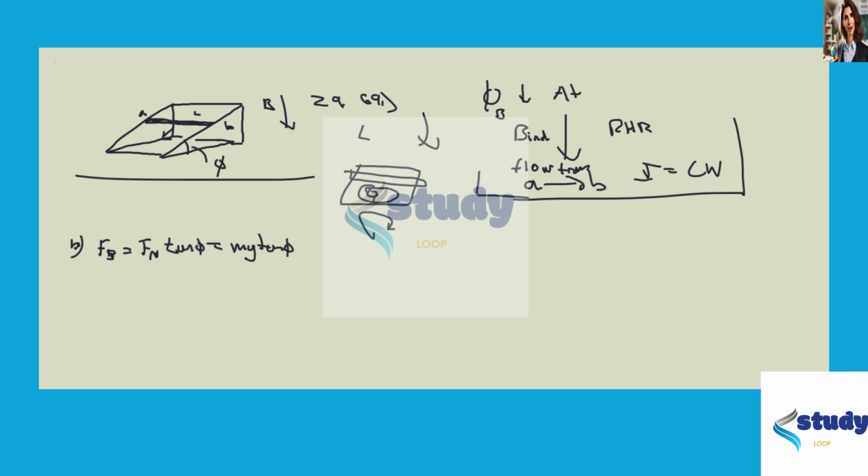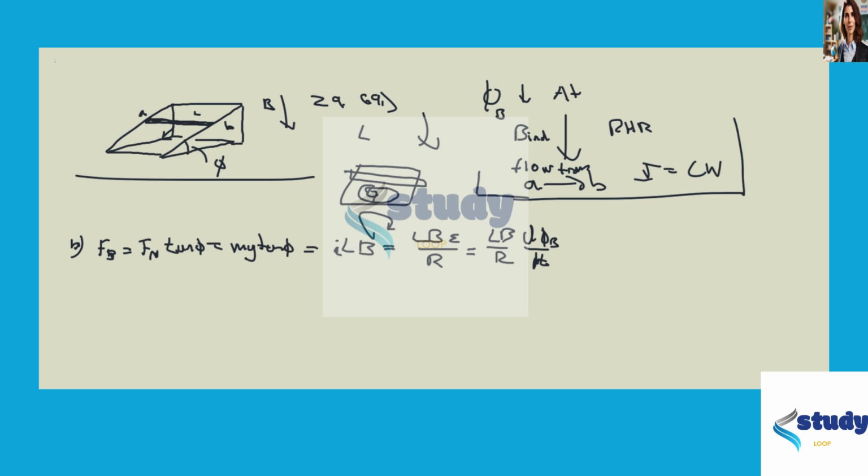What is our expression for the magnetic force? It's the current times the length of the rod times the magnetic field. We can relate this even more in terms of EMF over the resistance. Let's keep going here. We can write the EMF using Faraday's law as the time derivative of the magnetic flux.